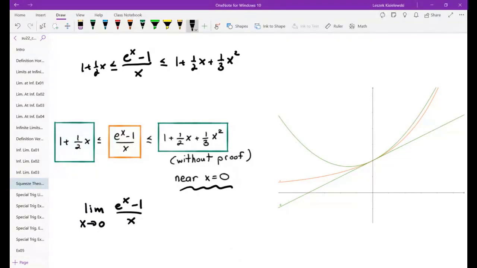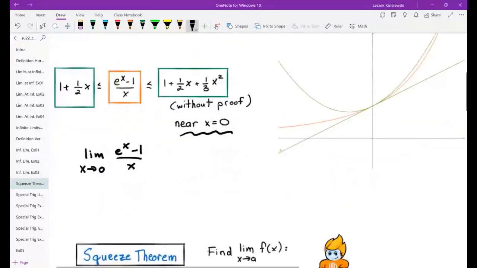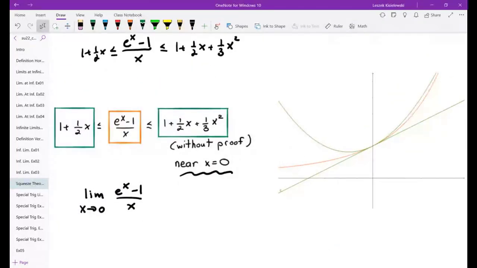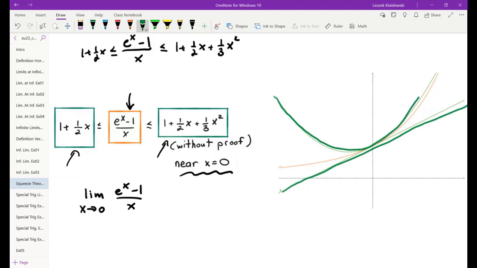Okay. So if I were able to prove to you that our function is sandwiched in between a lower bounding function, so we have the line in green, then we have the parabola in green, and then our exponential is sandwiched in between.